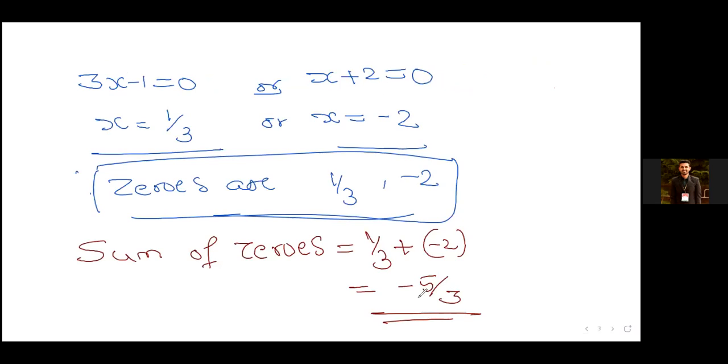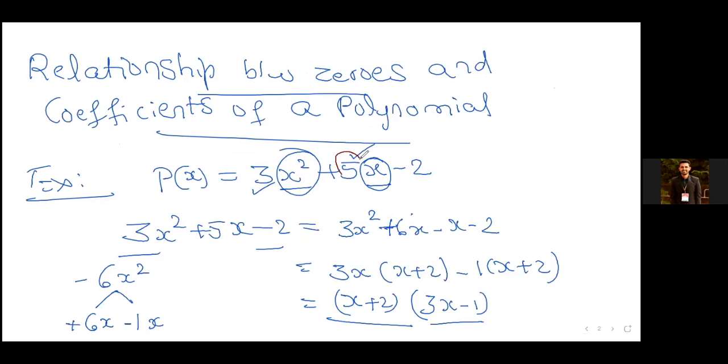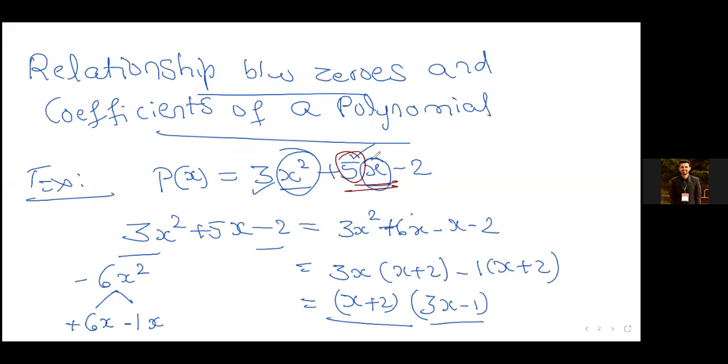Now, look at this. The sum of the zeros is minus 5 upon 3, and carefully observe what 5 is here. It is the coefficient of x, right? It is negative of the coefficient of x, that is plus 5.